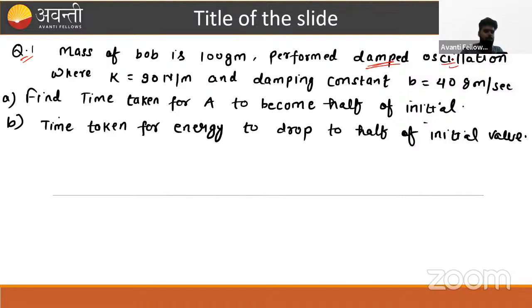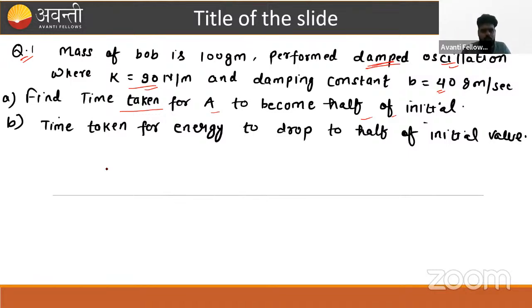This is very easy to score in such a topic because there is no variation, it is a simple formula-based question. The spring constant is given, and the damping constant is also given. We have to find the time taken for A to become half of its initial value. So the amplitude will become half of its original value, and then we have to find that time.